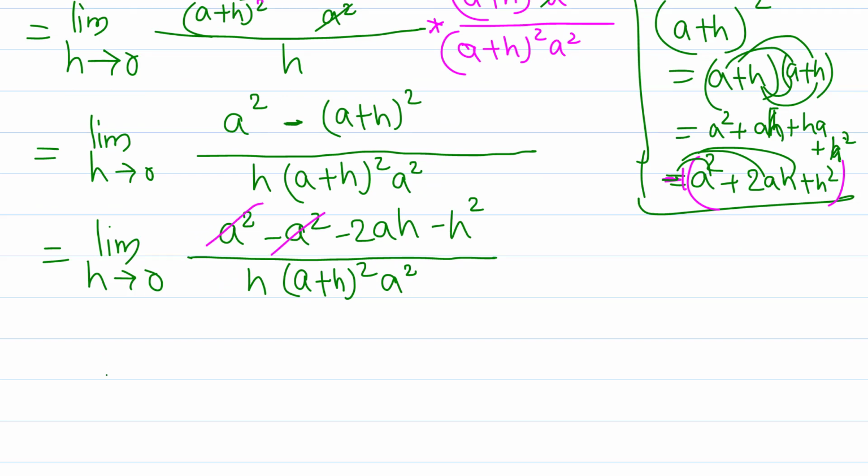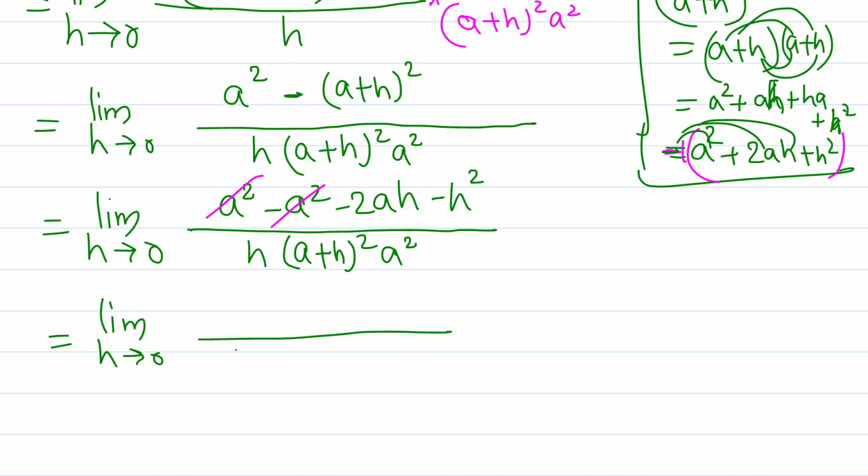Remember, we are trying to cancel h from top and bottom. So on the bottom we have h times (a plus h) squared times a squared. On the top we got two terms, and both of these terms have h, so let me factor h out.